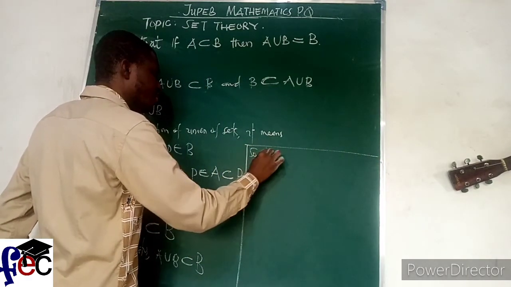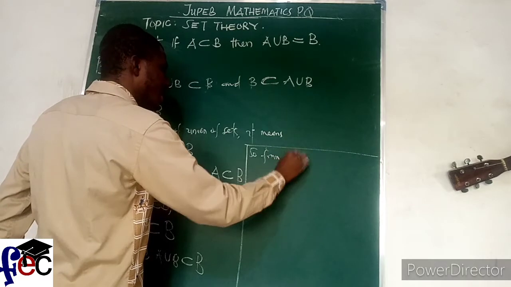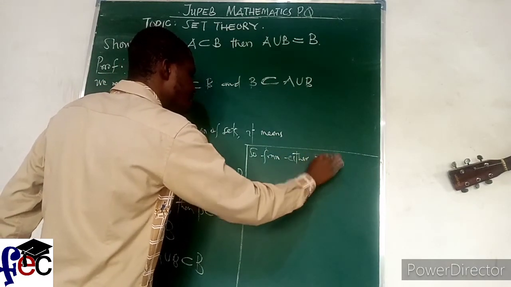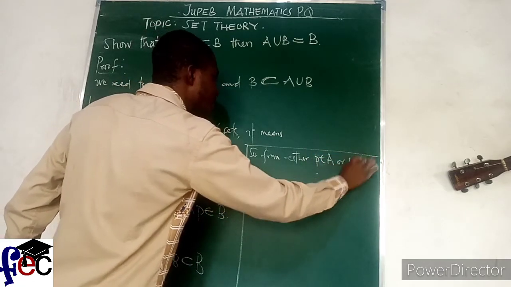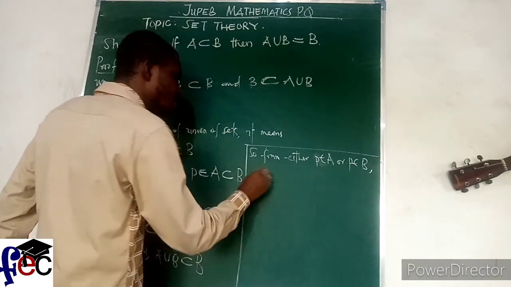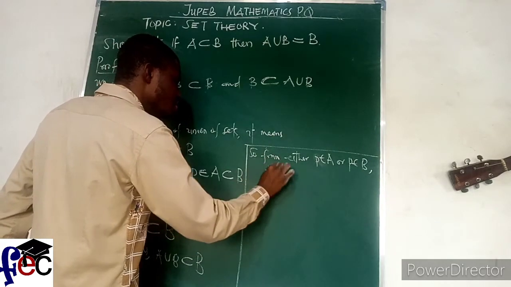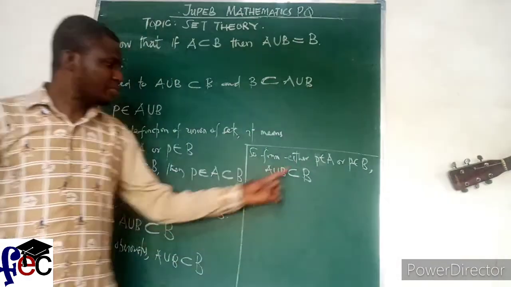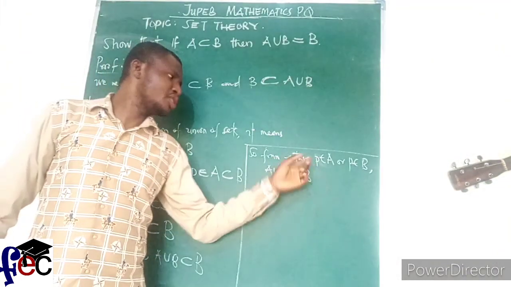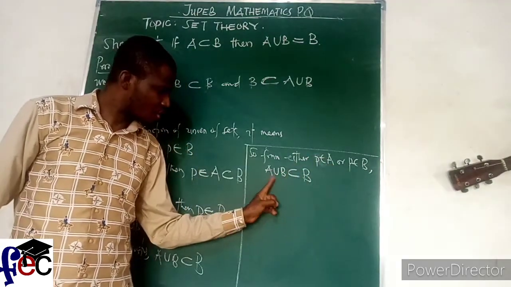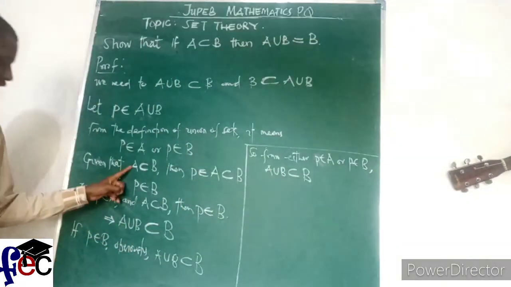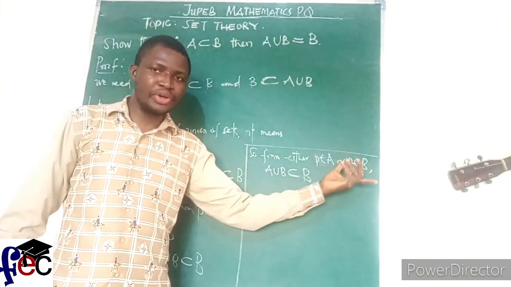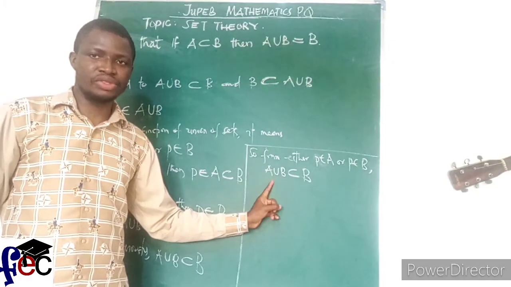So from either P is a member of A or P is a member of B, what is the obvious? A union B is a subset of B. You see, we have been able to show that if you say that P is a member of A, we can conclude this from here, either this or this. And if we decide to say that P is a member of B, obviously this also follows. Do you get it now?